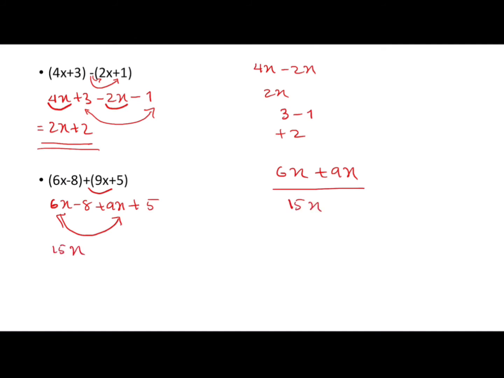Then for the second term, negative 8 positive 5, we'll get negative 3, isn't it? Hope you know how to add integers. So negative 8 plus 5 is negative 3. So this is your answer. So this is how we solve without tiles.